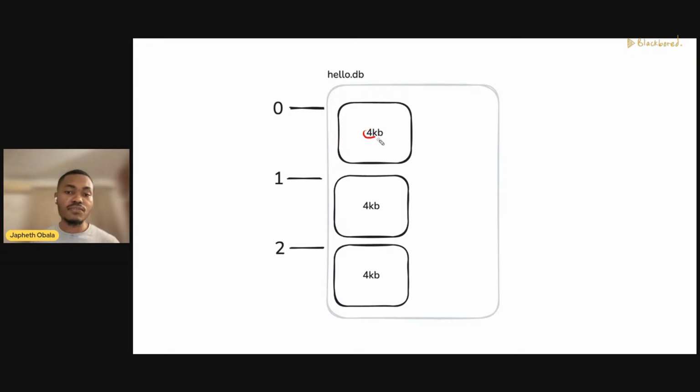So this will give you 0, for example. The first page starts at the 0th byte in the file, and so on for the rest of the pages. To get the position of the page in the file, you simply multiply the page ID by the page size.